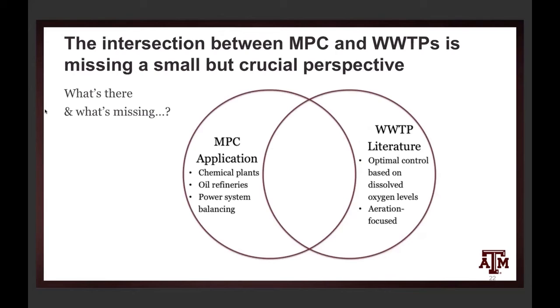And again, some of the reasoning behind us looking specifically into this area is the intersection between MPC application and research, it being mainly in chemical plants, oil refineries, and power systems, like I said before, and then the wastewater treatment plant research literature that's out there mainly focuses on optimization of the controls for dissolved oxygen levels.